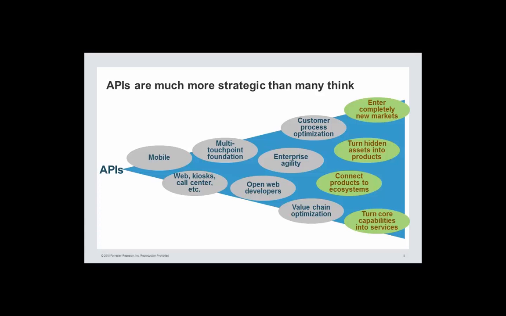In other words, you need APIs to be a foundation for a multi-touch point strategy, multi-touch point applications and multiple ways of serving customers, serving employees, working with business partners. There's a lot that centers around interaction channels like mobile, but it goes beyond that.